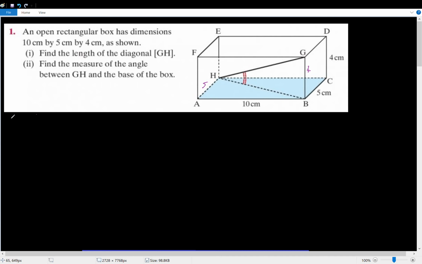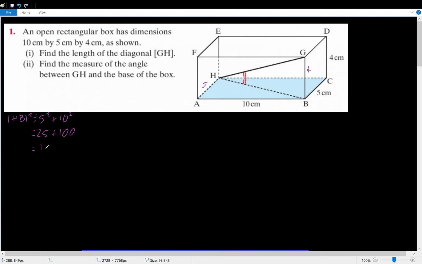So we can say that HB squared is equal to 5 squared plus 10 squared, because it's a right angle triangle and this is Pythagoras' theorem. So if we follow that out, we can get a length for HB. So 5 squared is 25, 10 squared is 100.